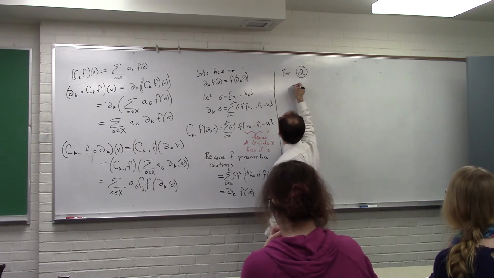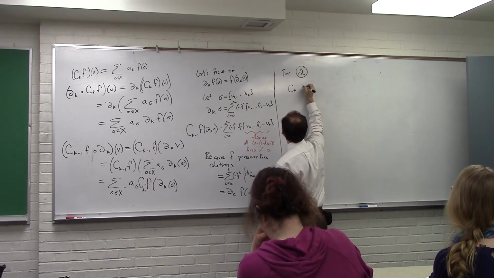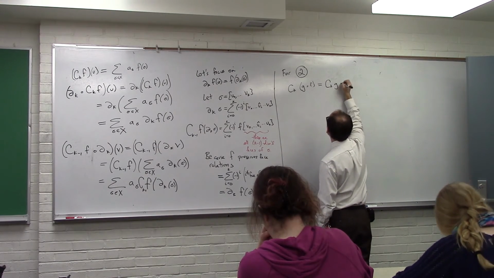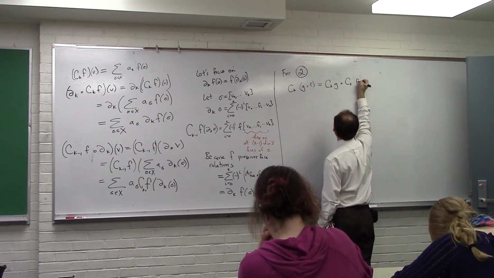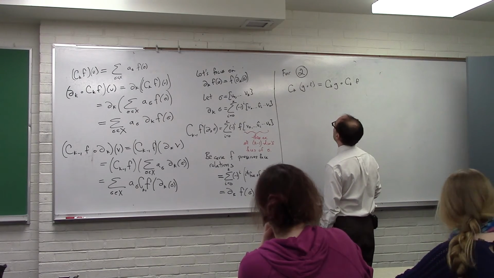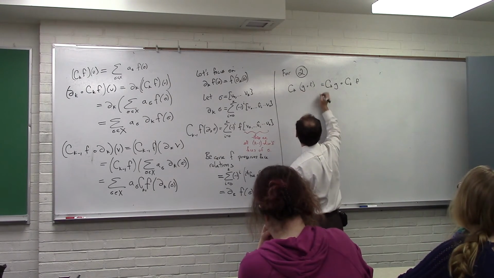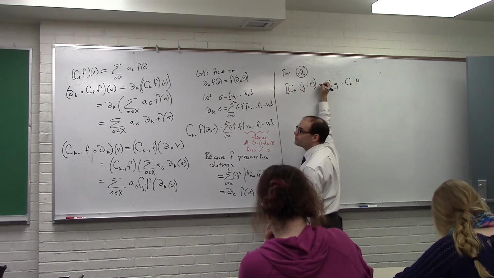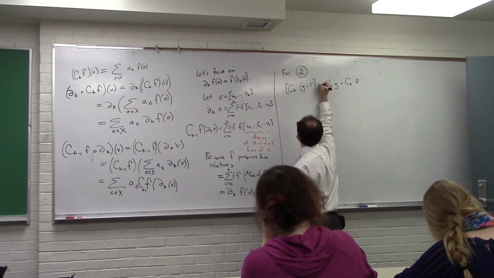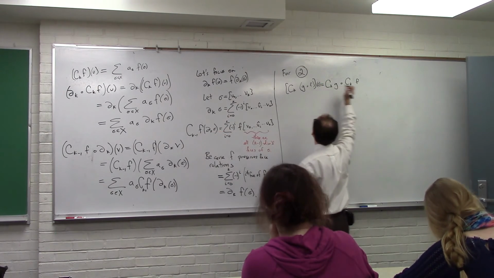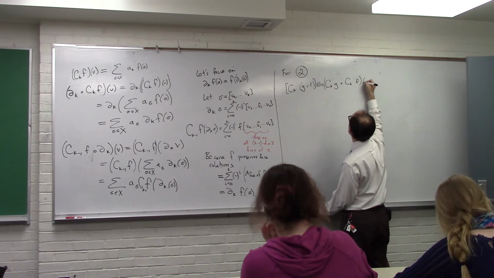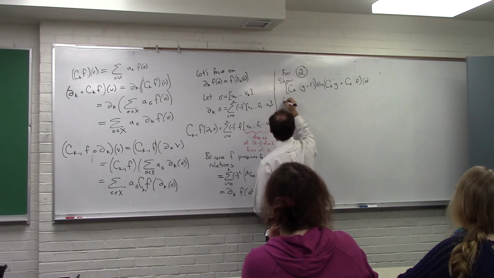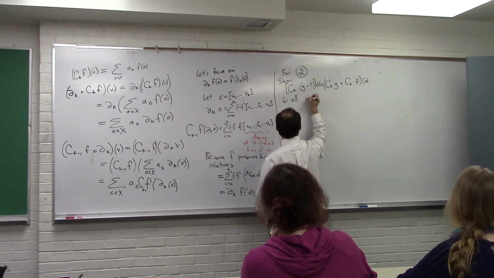I want to show that C_K of G composed F is C_K G composed C_K F. In order to show this, I need to show what it does to some vector V. Now, without loss of generality, following the same kind of argument we did right here, I can just show you what happens on a simplex. So we will show this for all simplices.